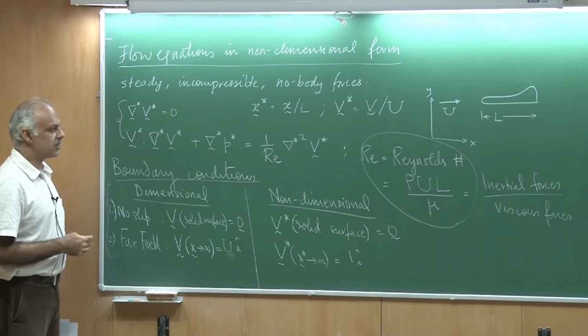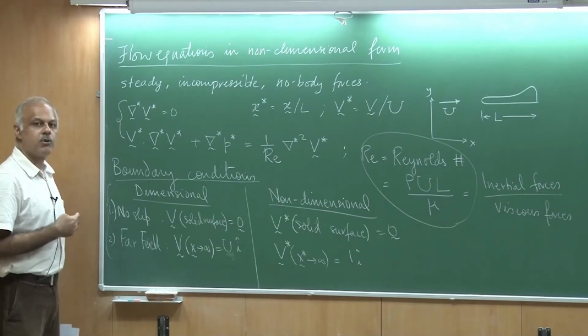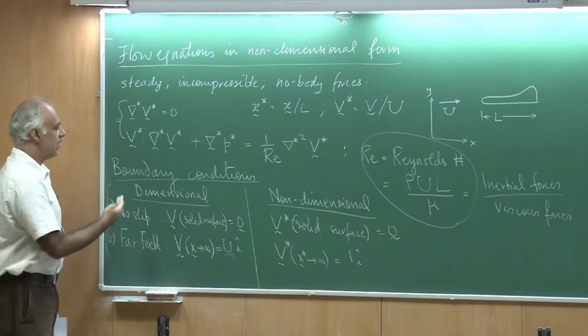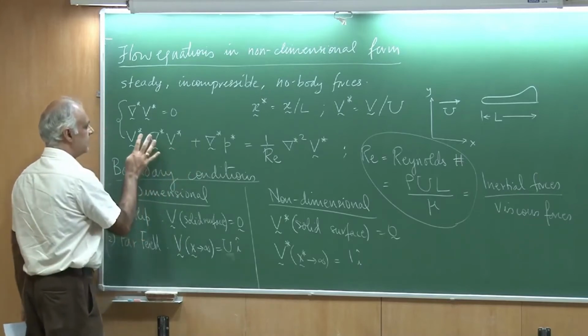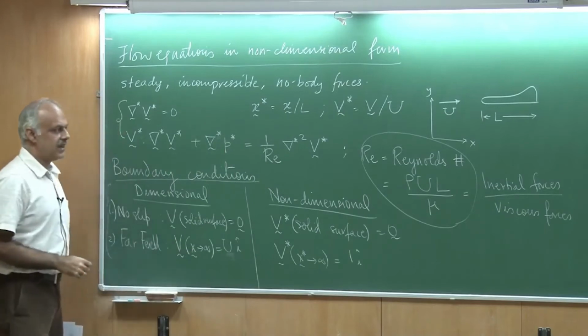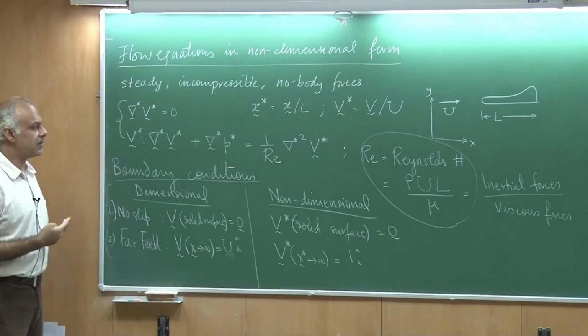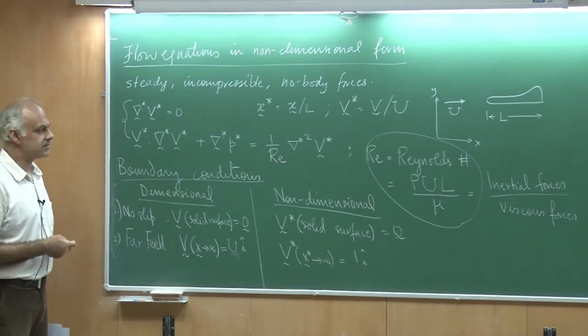So the non-dimensional form of the equations also tells us a little bit more about the physics, okay, as there are 3 terms here: the inertial, the pressure, and the viscous, and the Reynolds number actually tells us which terms are more important compared to the others.